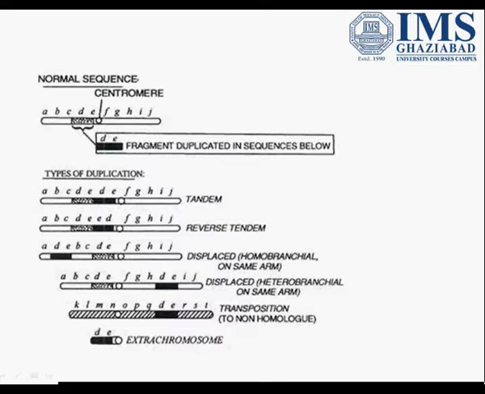We are having the extra chromosome. This DE is showing the presence of the extra segment. This is the type of the duplication. There are four different types of duplication we just discussed here.